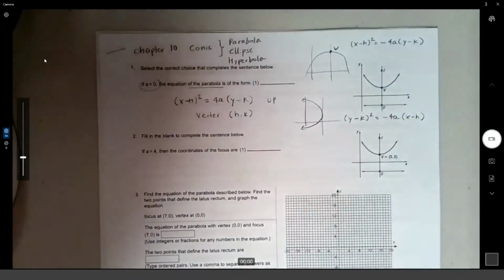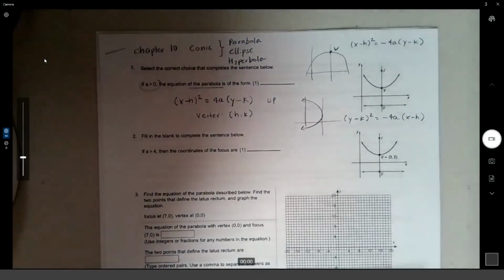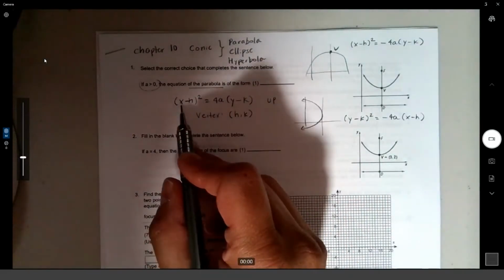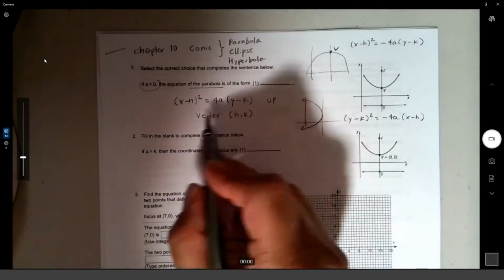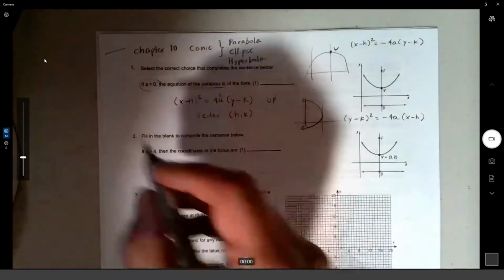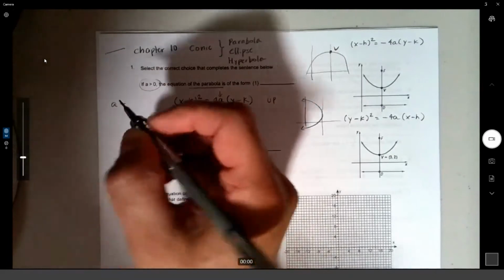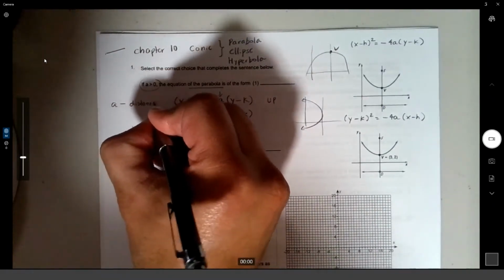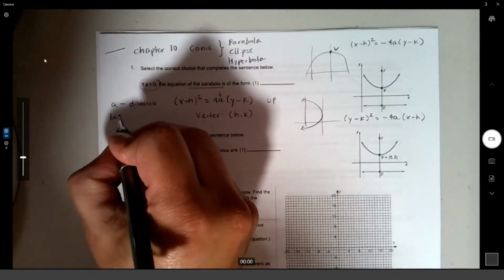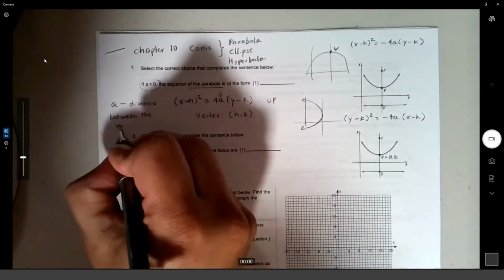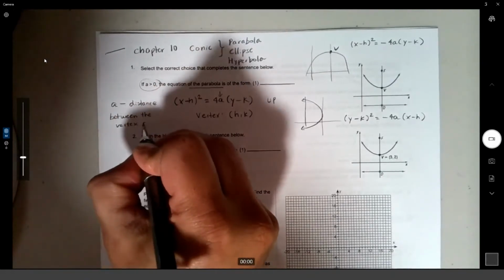Now, I've written three particular equations, and we understand what x is. That will be the independent variable. Let me look here. The independent variable, the dependent variable, h comma k will be the vertex. But what is a? A in a parabola is the distance between the vertex and the focus.